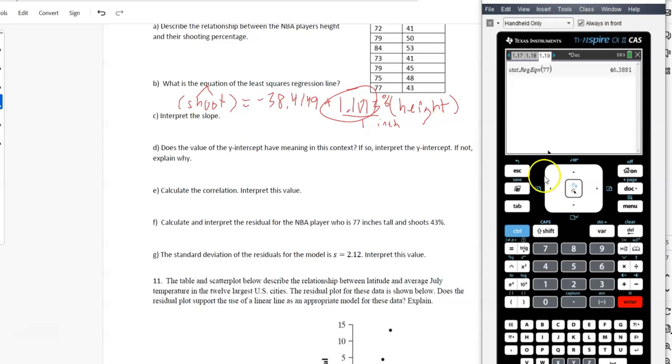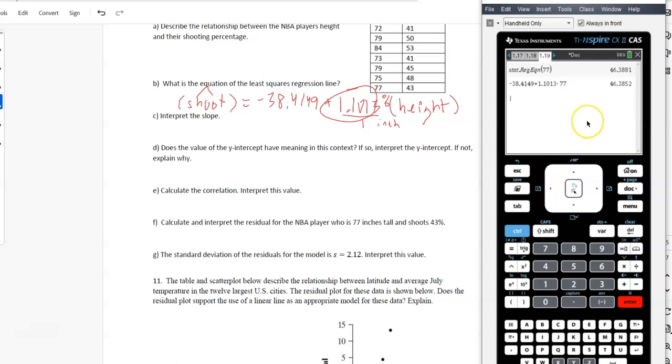You could type in negative 38.4149 plus 1.1013 times 77. We should get a similar number there. I rounded mine off a little bit, but when you use the one from the calculator, it actually gives you the exact right answer. Still rounded off, but to 4 decimal places. Either answer is acceptable in stats. We're not too picky about that.